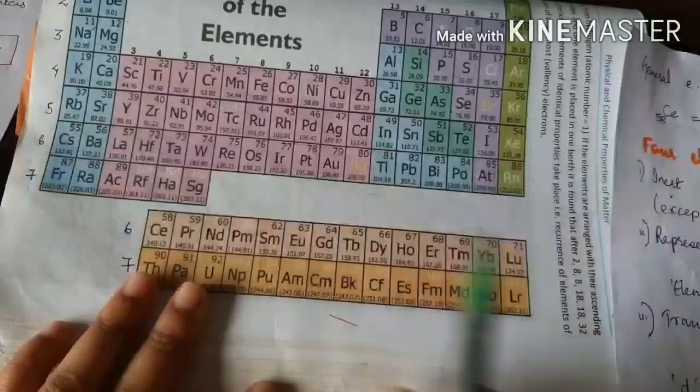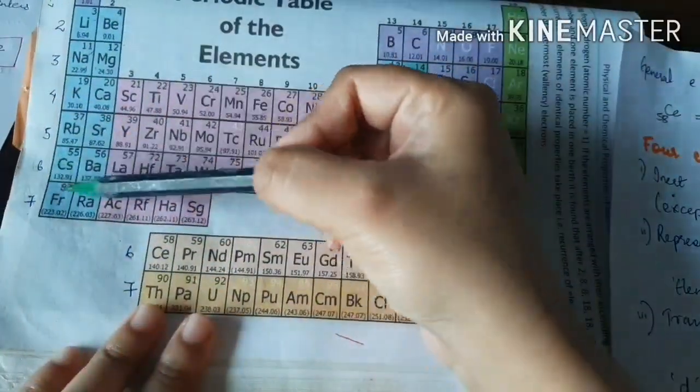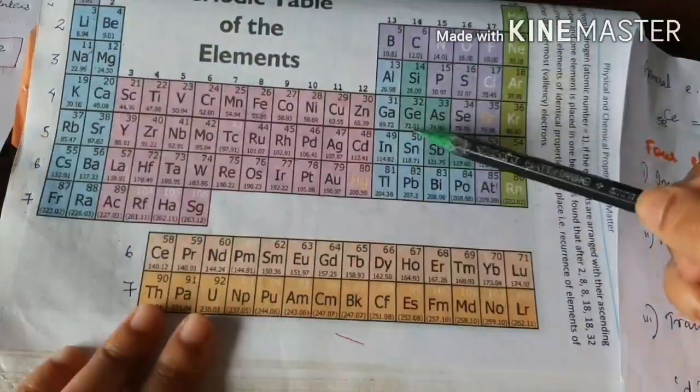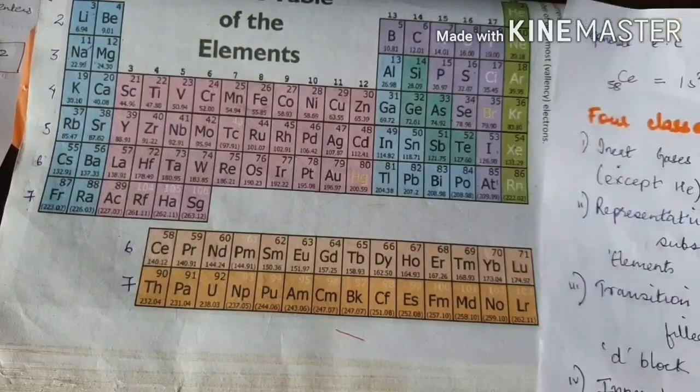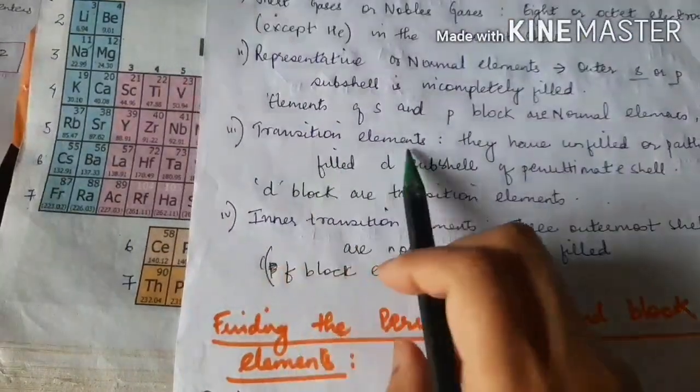So the normal elements are s block and p block elements, where only the s and p subshell of the outermost shell is incomplete. Then you have the transition elements.